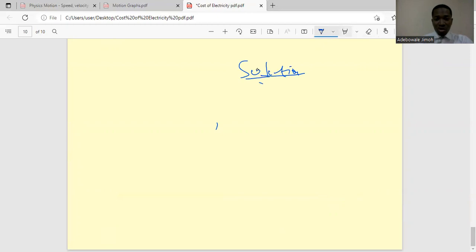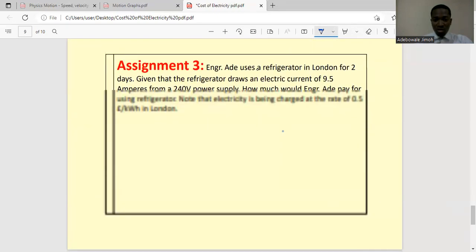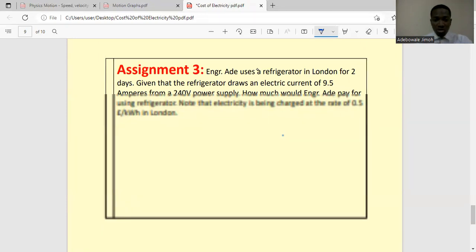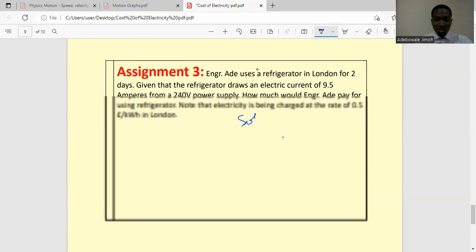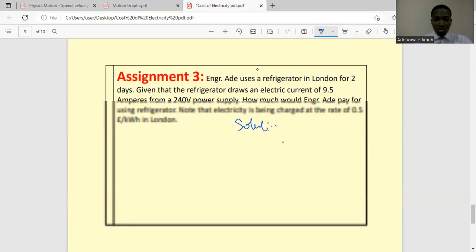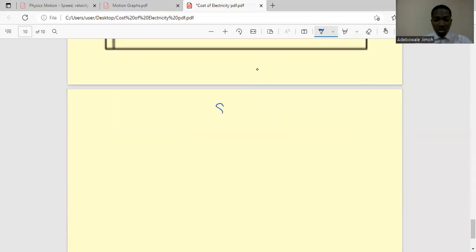I don't know why my laptop has not been responding. Okay, so I'll do it here. Let me go back there. Okay, so solution. Okay, let me solve it here. Solution.